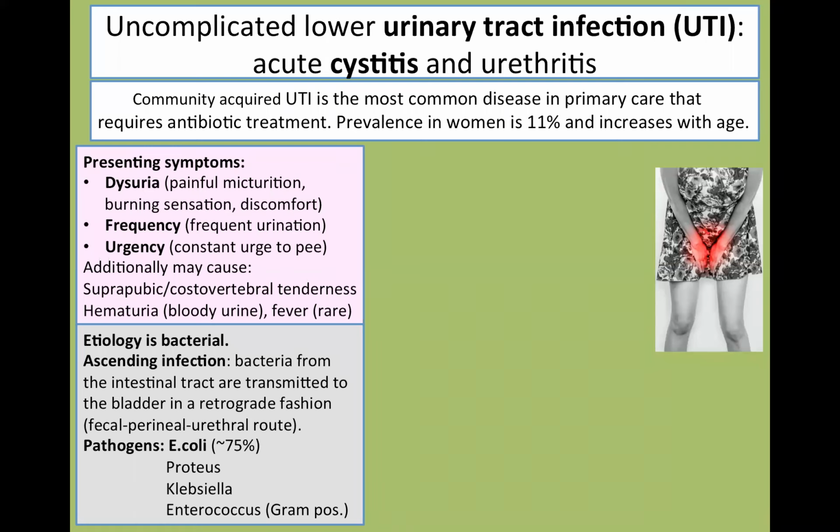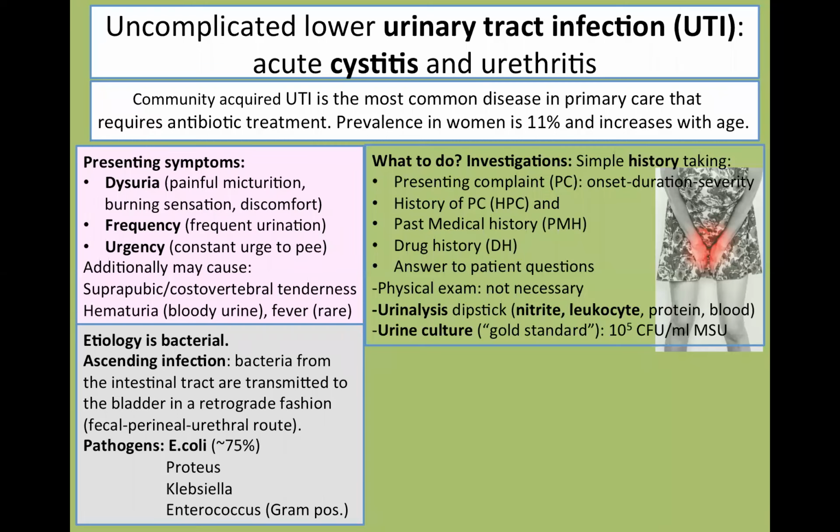In the great majority of cases, it's caused by E. coli. To a lesser extent, it might be caused by Enterococcus, Proteus, or Klebsiella strains. But since it's mostly caused by E. coli, that's the major bacteria we've got to treat.